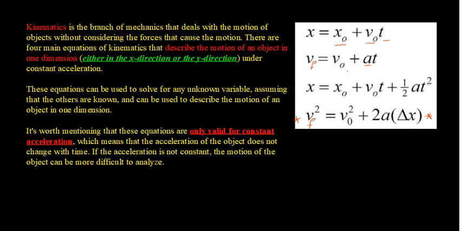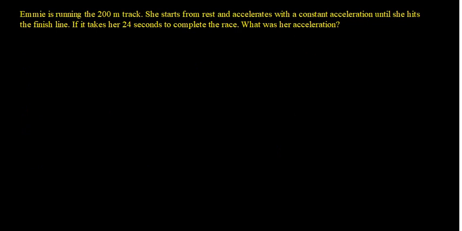Okay, so let's now solve an example about these equations. Here I have Emmy running the 200-meter track. So I can say that the distance is 200 meters. She starts from rest.